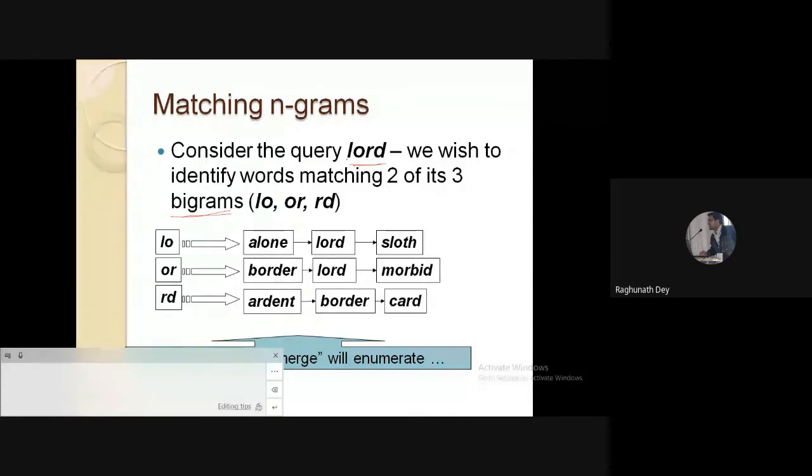One is LO, another is OR, another is RD. What are the different words that have LO? This one, this one, this one. What are the terms having OR, and what are the terms having RD?